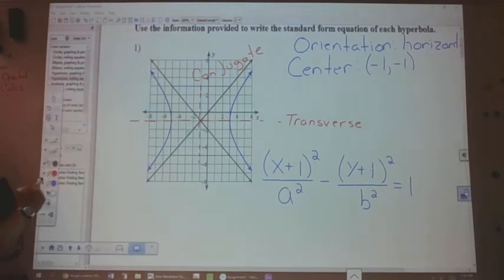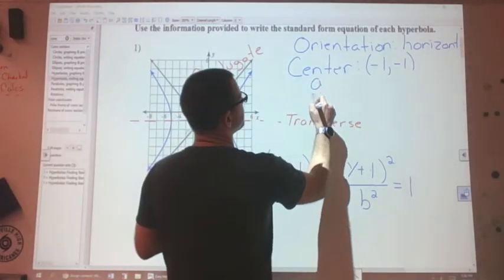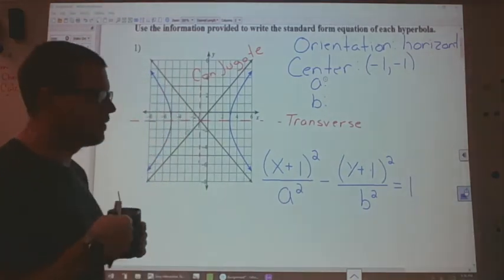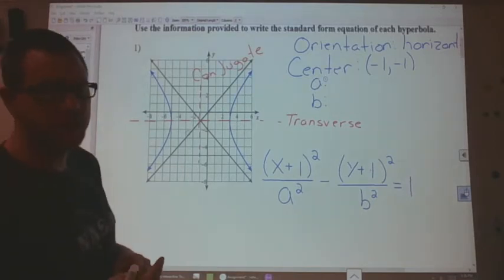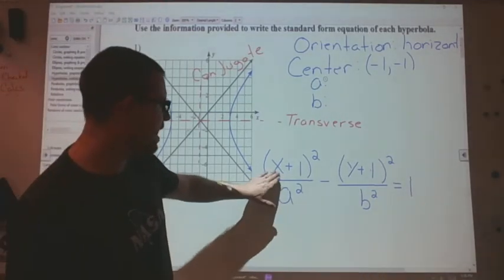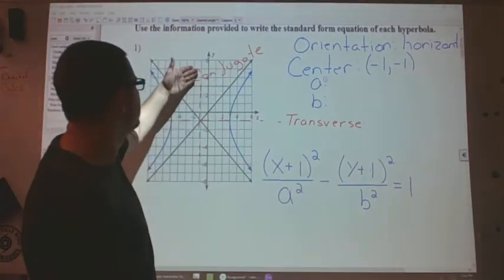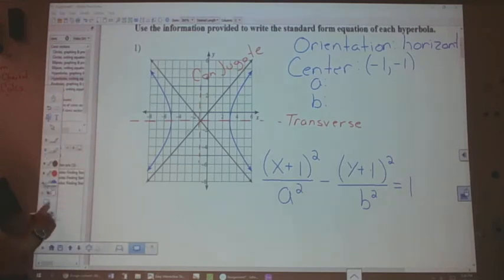Next, I'm going to go for a and b. Again, a and b are just arbitrary letters. What we really need to pay attention to is the radius in the direction. So this a under x is the horizontal radius. This b under y is the vertical radius. So I'm going to count.